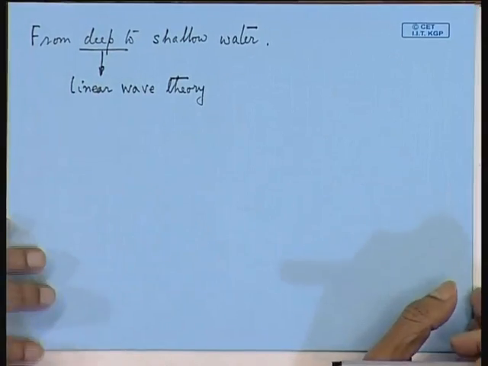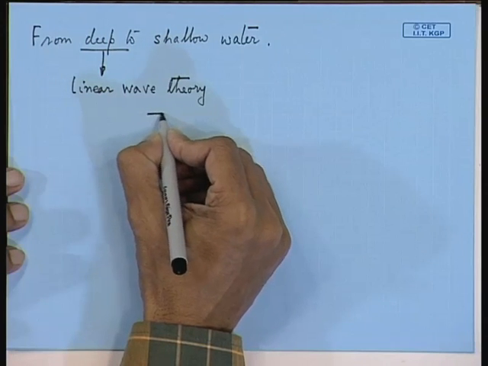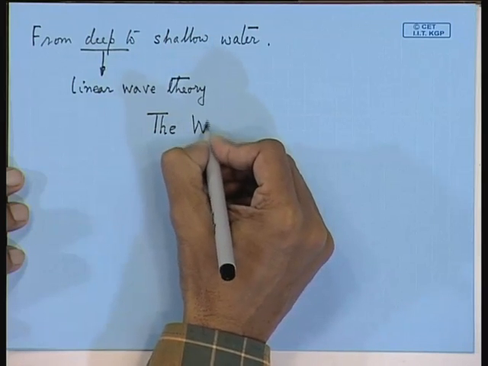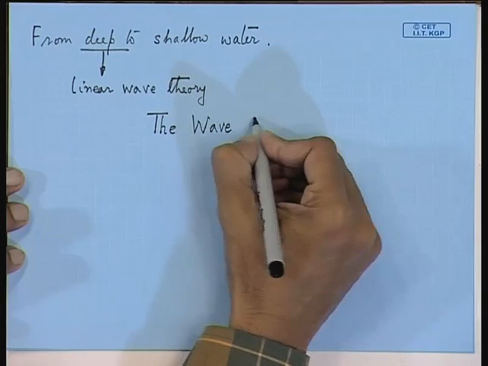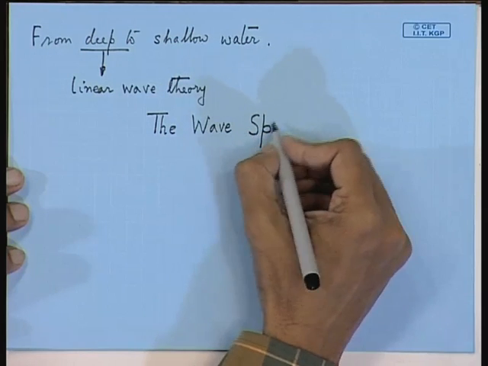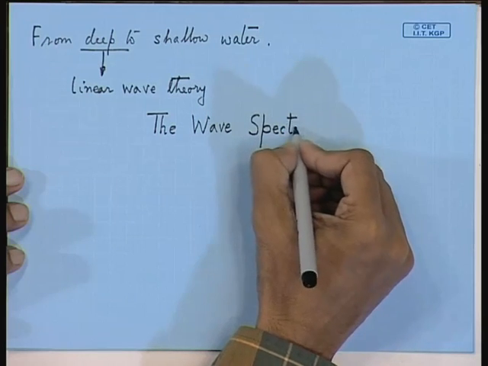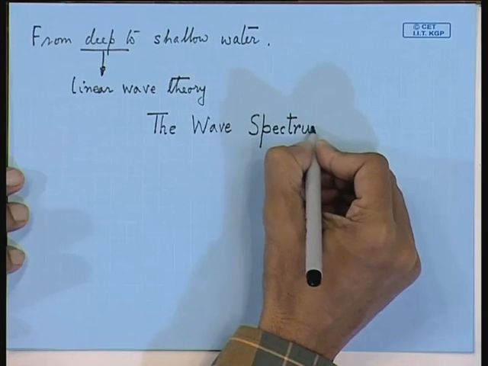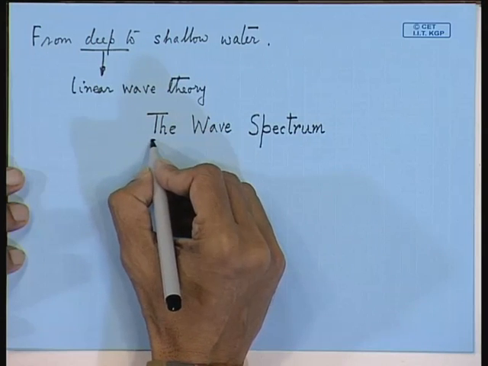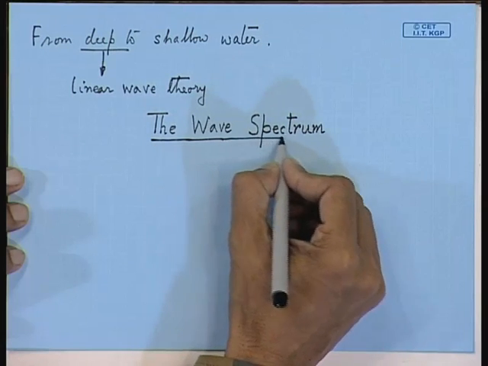Now, there is another important theory which is called the wave spectrum. All of you are doing my vibration class. So waves and spectrum are analogous to your vibration. Wave is nothing but a vibration, a disturbance of the surface profile by giving some energy.